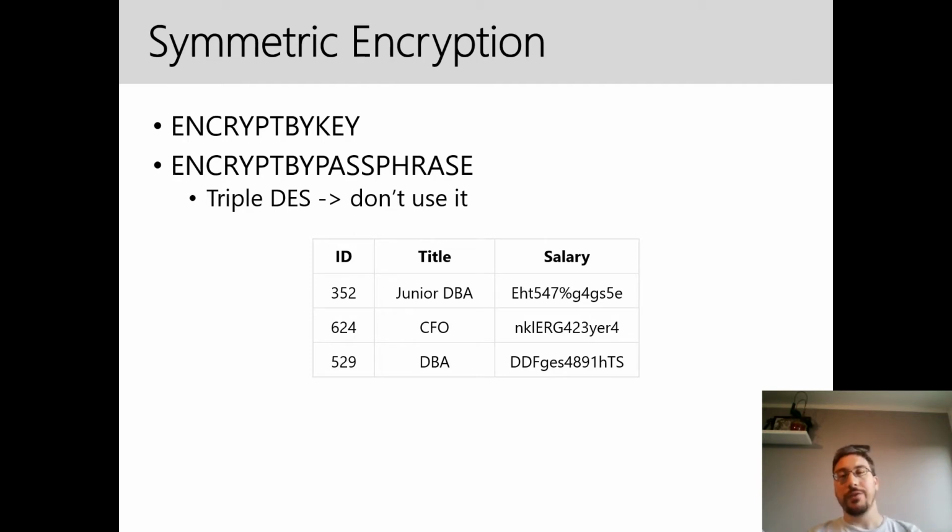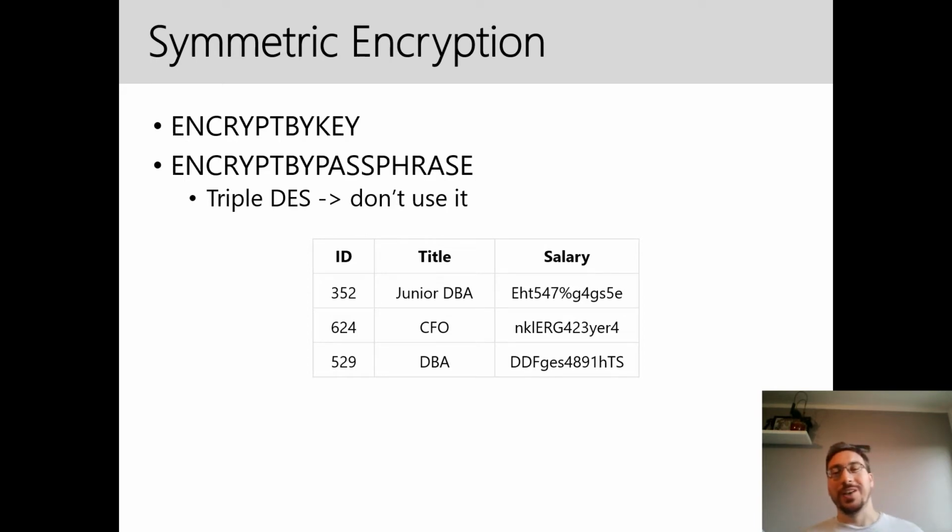Now, if you didn't have any other mechanisms of checking if this is correct or not, you would not know the difference, right? When the column would get decrypted, the salary of the junior DBA and the DBA would be equal, and nobody would know if the junior DBA simply has amazing negotiation skills for their salary, or the DBA has really bad negotiation skills for their salary, right?